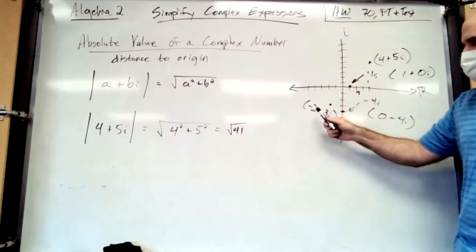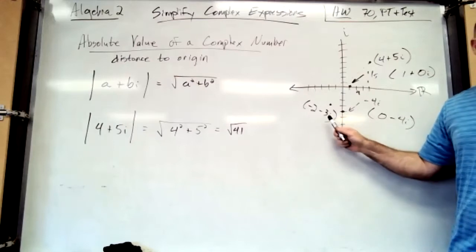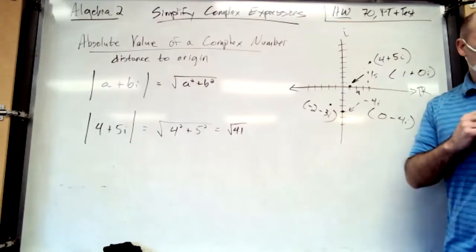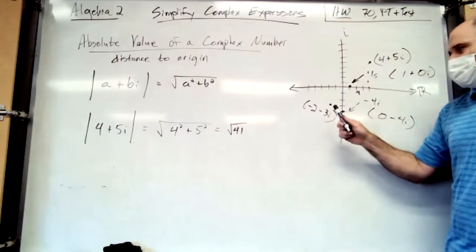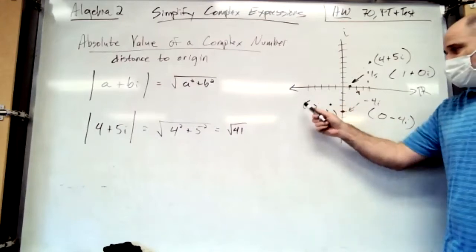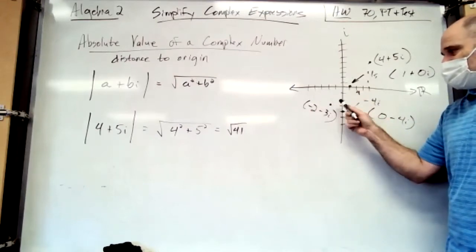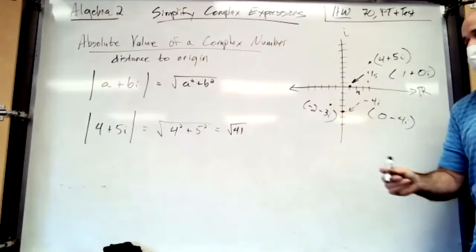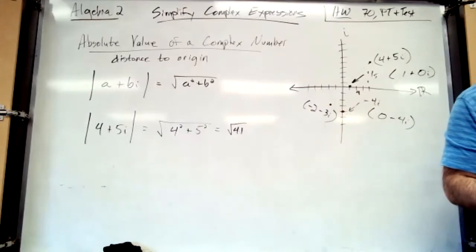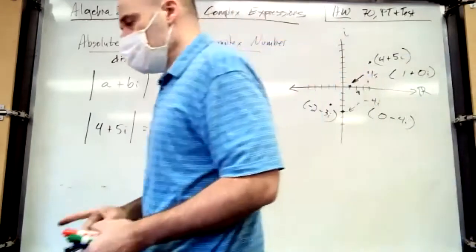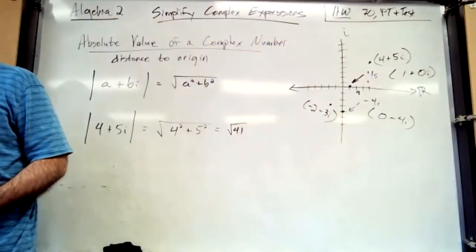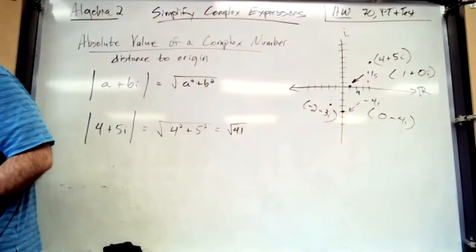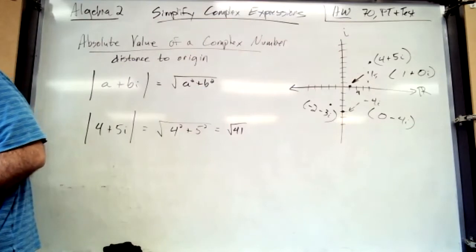It's just this number squared plus this number squared, all square rooted. So square root of 4 plus 9, so the absolute value of this complex number is the square root of 13, okay? And so negatives don't matter, right? Because when you square it, it all goes away.